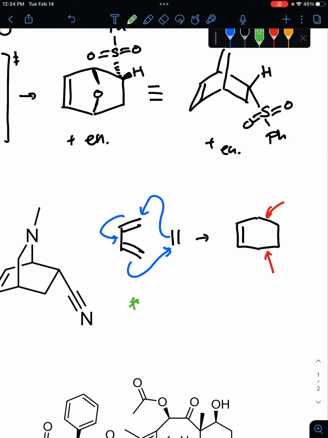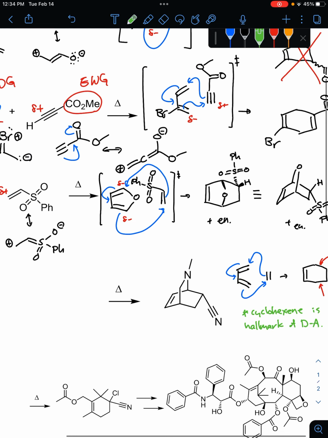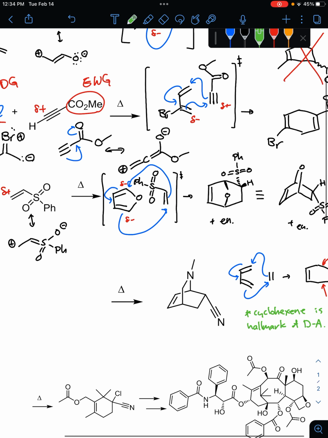So yeah, we were saying that the cyclohexene is the hallmark of the Diels-Alder reaction. Okay, so that's good to note. And we do indeed see the cyclohexene, so we just need to unravel these 2 bonds, right?